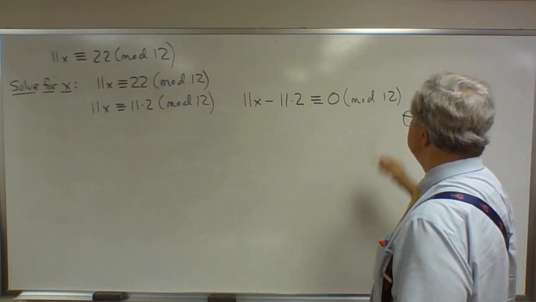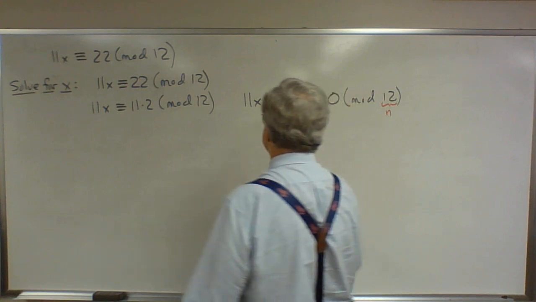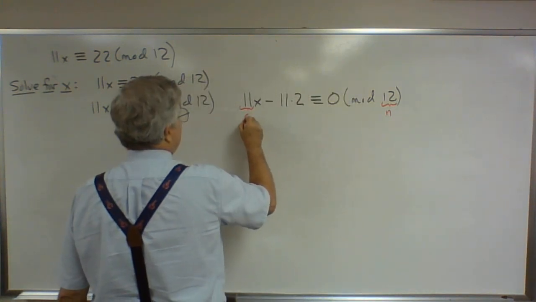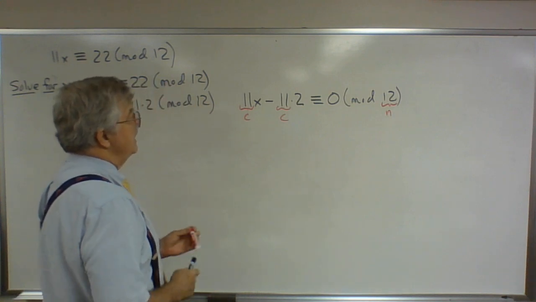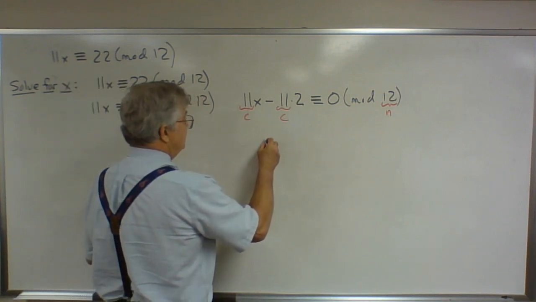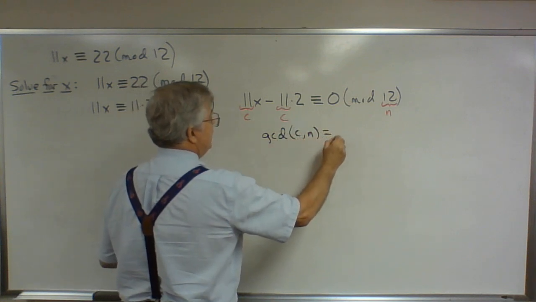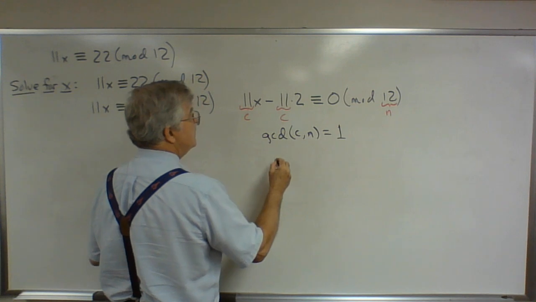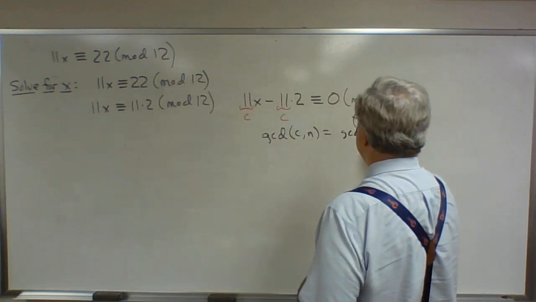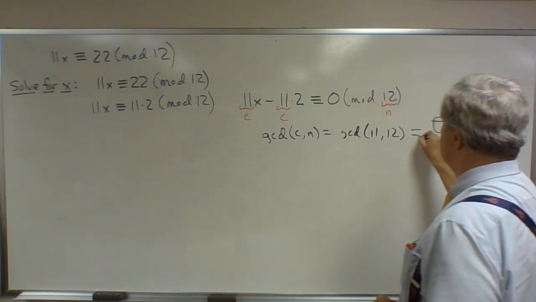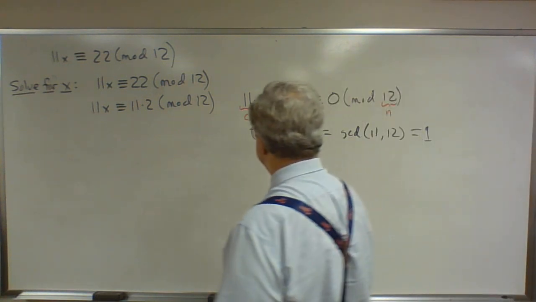And this would be n, and this would be our c, and the greatest common divisor of c and n is equal to 1. So we can divide both sides by c.